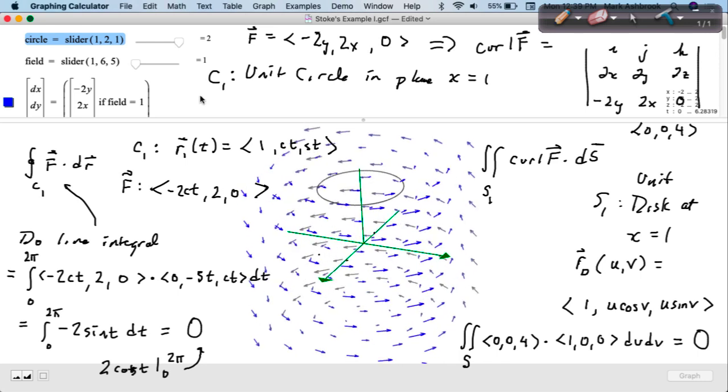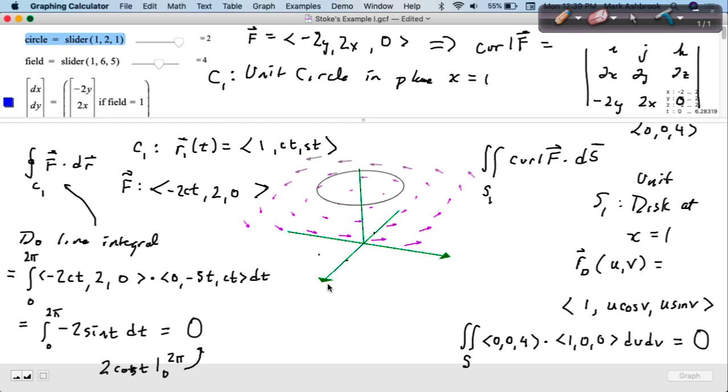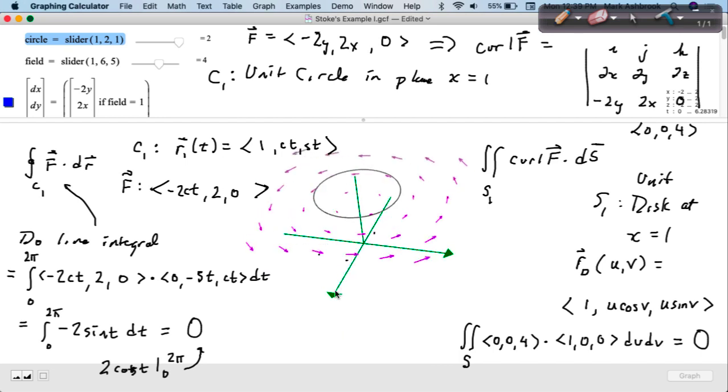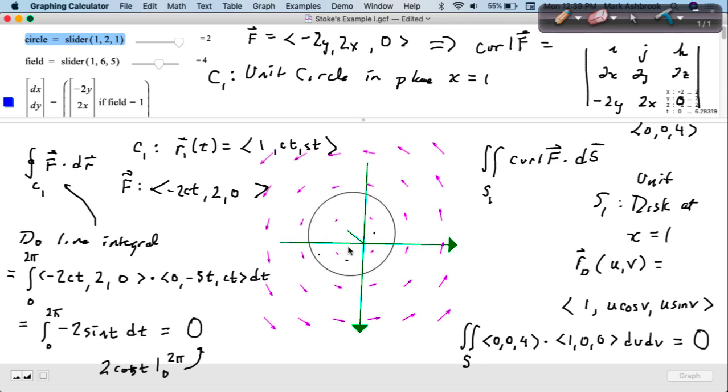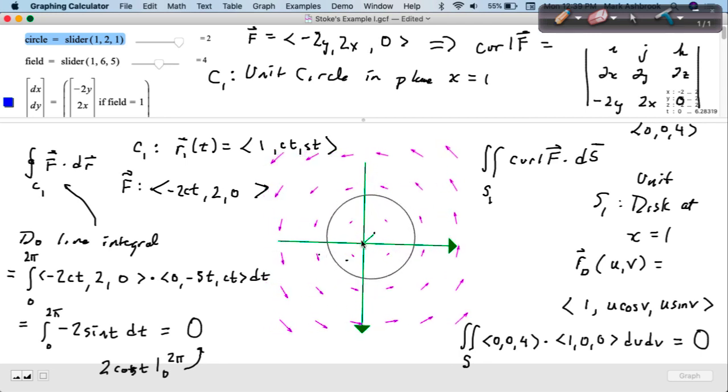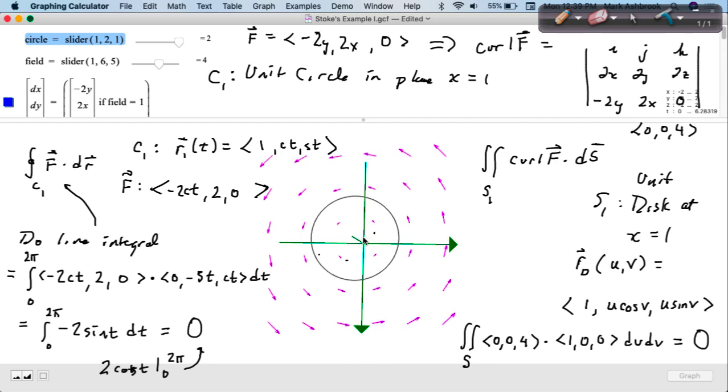So let's think about both sides of Stokes' theorem in this case. So first of all, the vectors we care about are where? Along that path, right? Or in z equals 1. So now let's look at this circulation integral around that boundary. What do you expect? 0, positive, or negative? Positive.